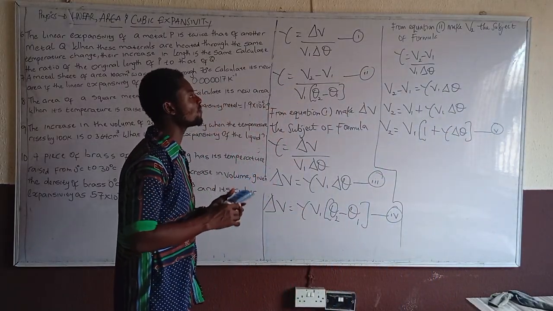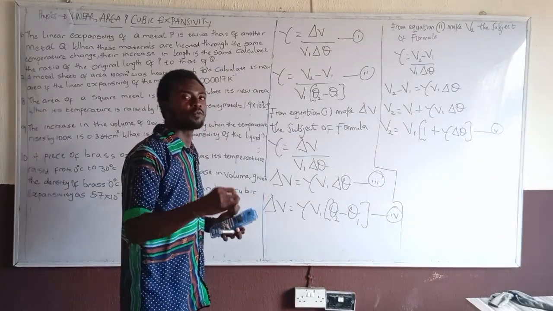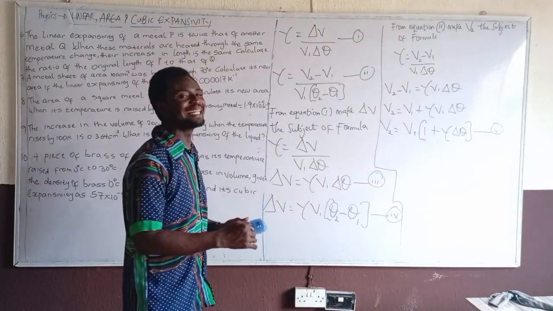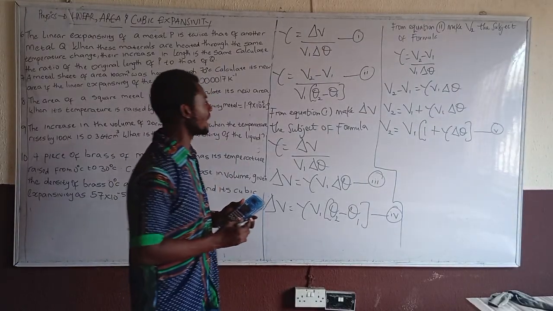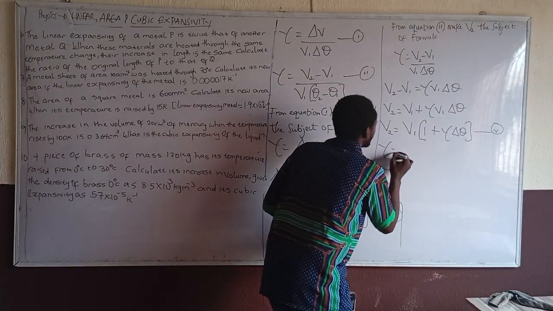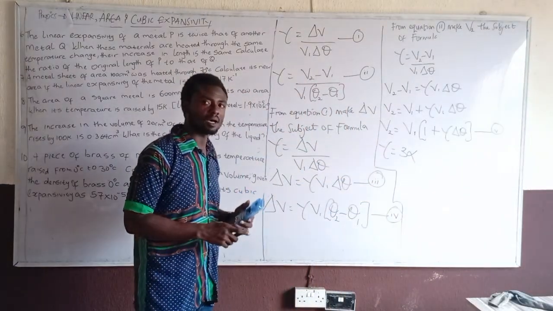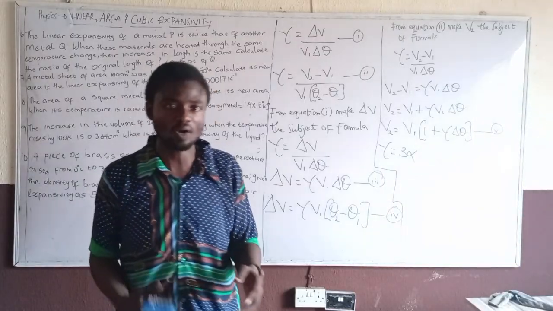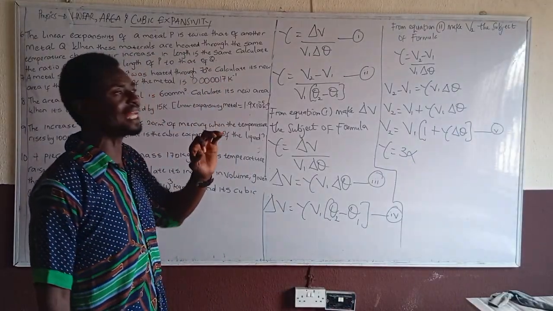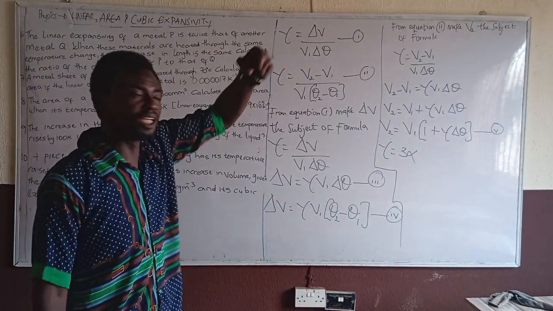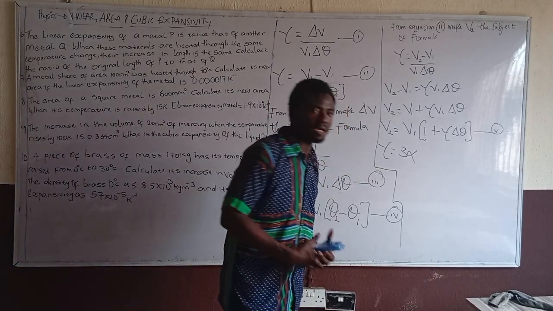Now, there is a formula connecting volume expansivity and linear expansivity, and that formula is gamma equals 3 alpha. Volume is cubic unit, that is just power 3, so we multiply the linear by 3.